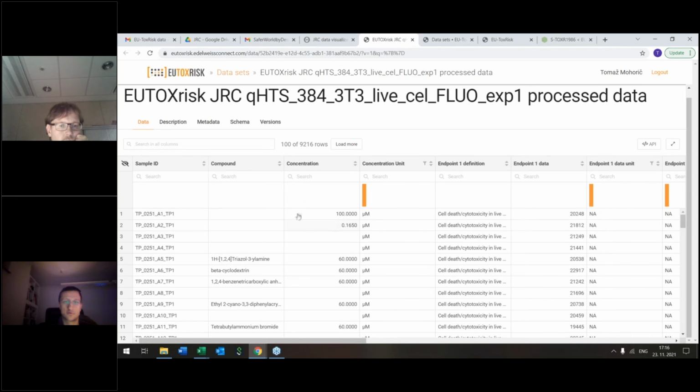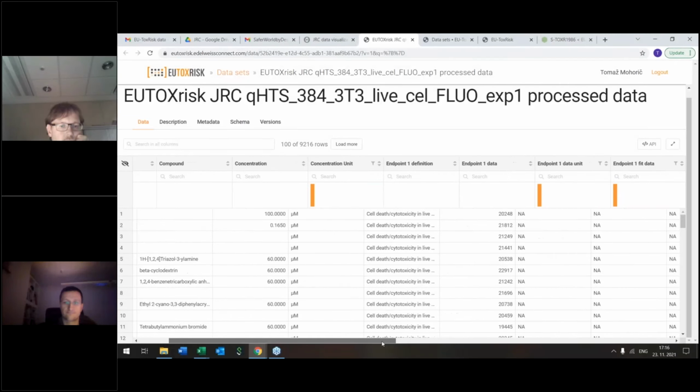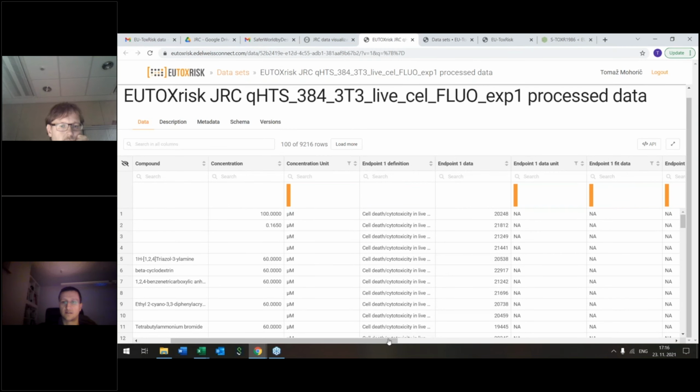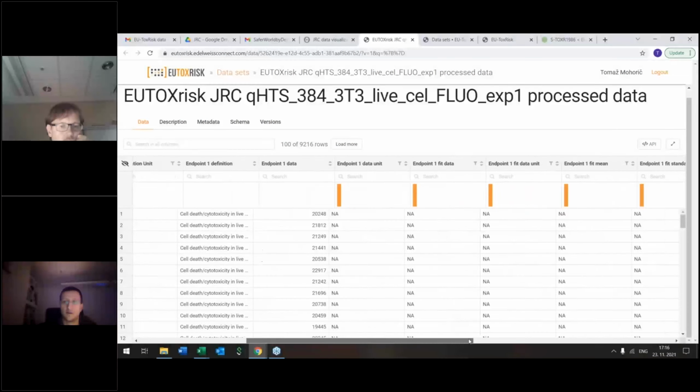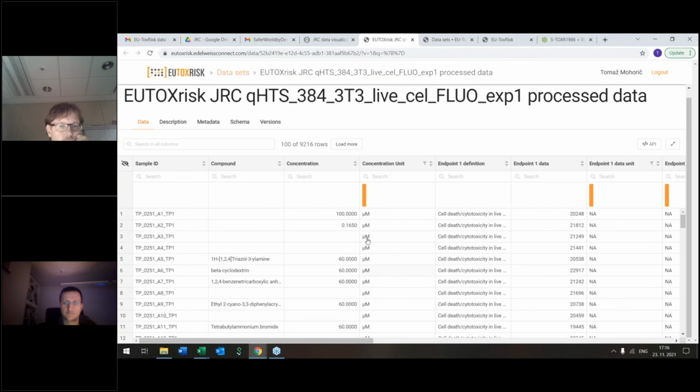So each row is a single measurement. It has a defined sample ID and compound concentration, then endpoint data, so what was the raw measurement, and then what was the processed data. And this part is then accessed through the web.